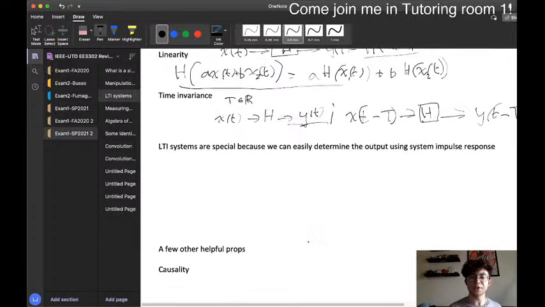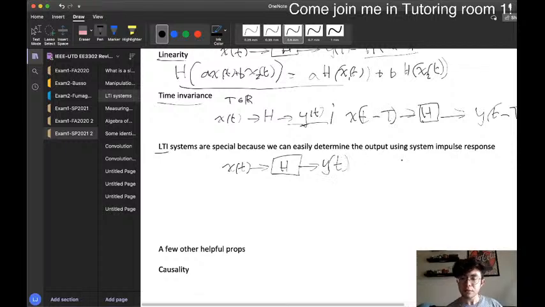So LTI systems are special. If we have both a linear system and a time invariant system, it's what we call LTI. And these are special because we can completely determine the output of our system, our map from a signal to another signal, via what's called the impulse response.